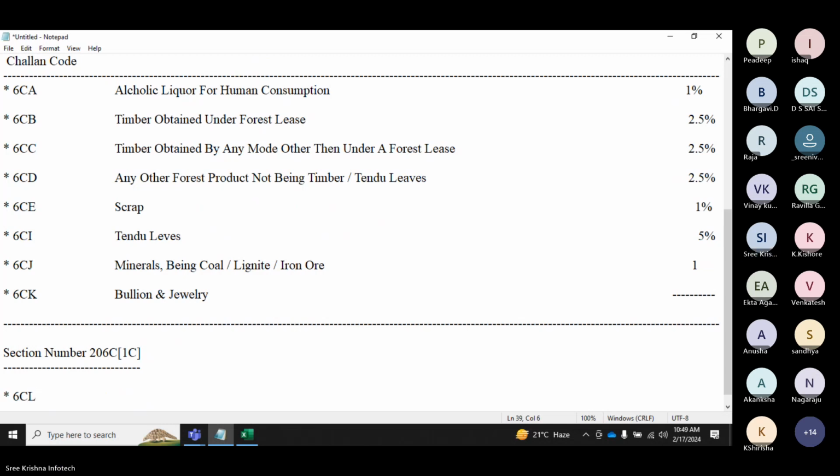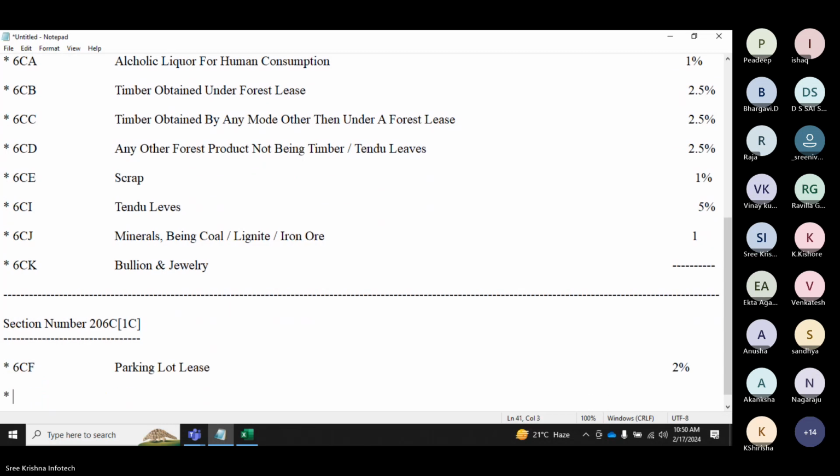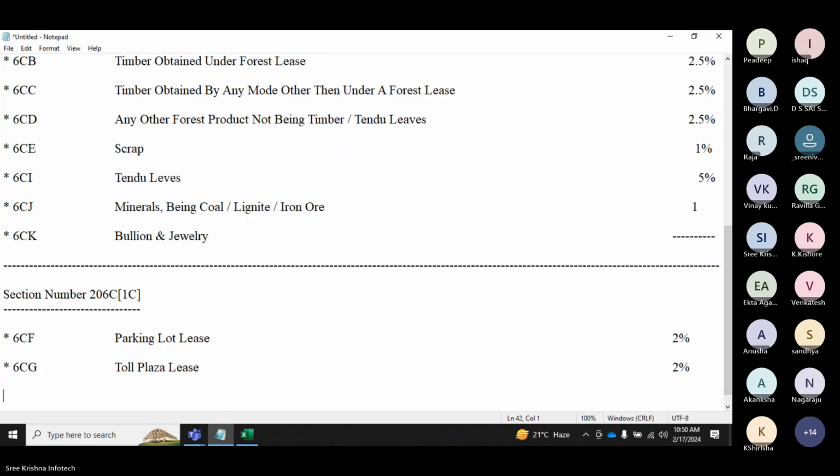1F, parking lot lease, 2%. 6CG, toll plaza, toll gates అంటారు కదా. 6CH is another act.